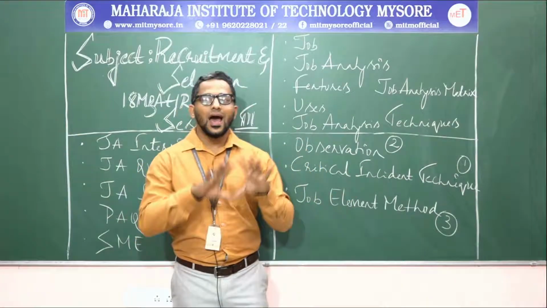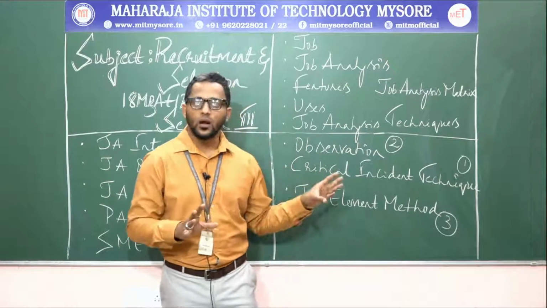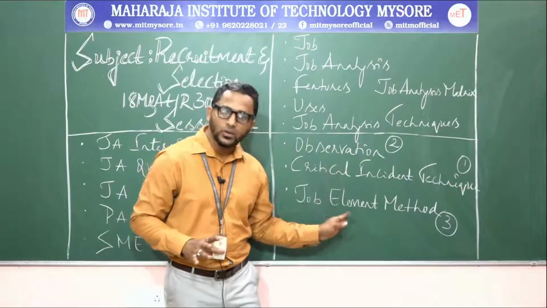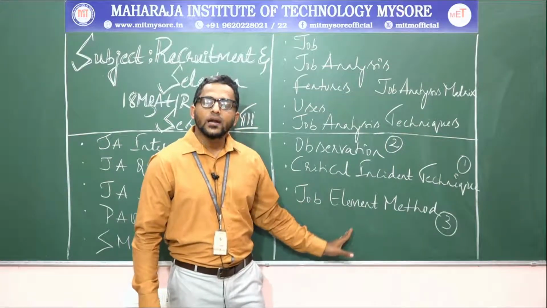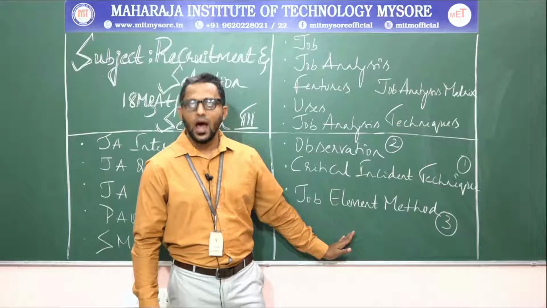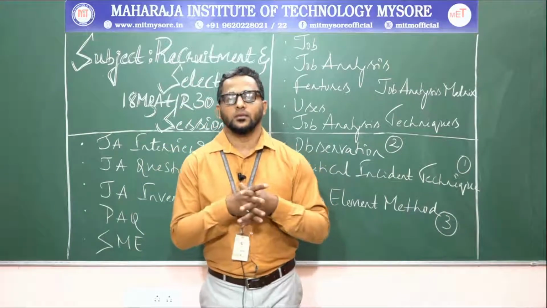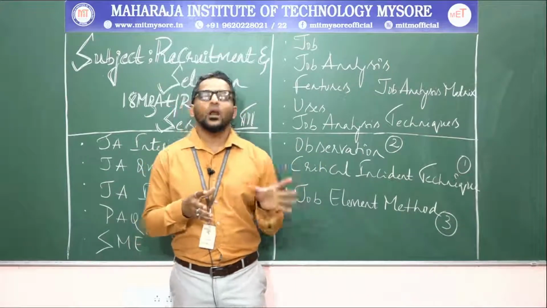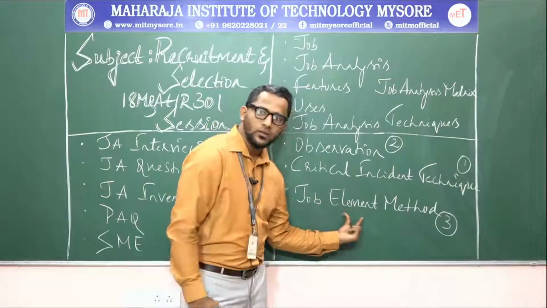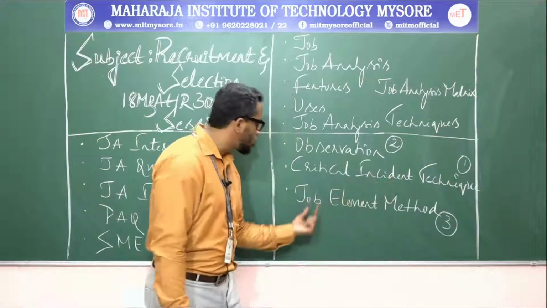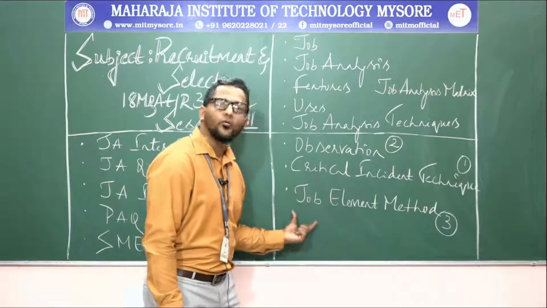First they list out the characteristics regarding the job, and then they rate those characteristics. This is very essential for determining supervisor performance. These qualities are called job elements. So when it comes to the job element method, please understand that a job element is nothing but a characteristic of a job or a quality of a job.